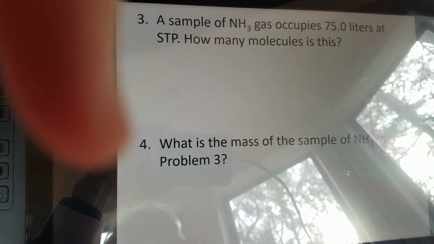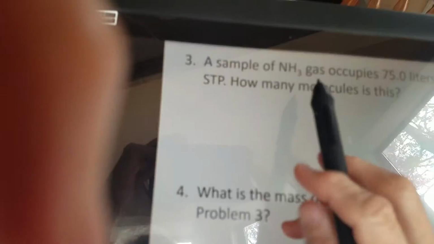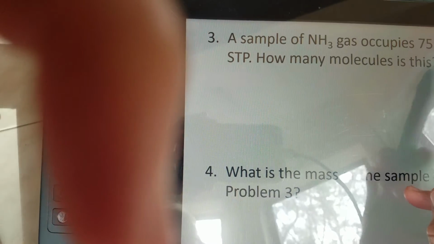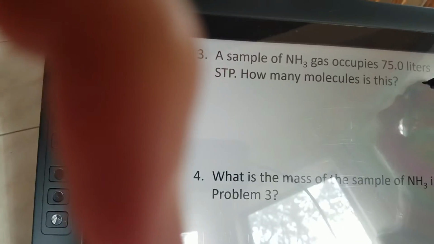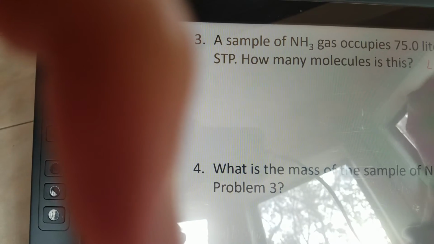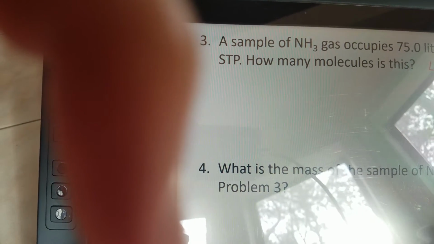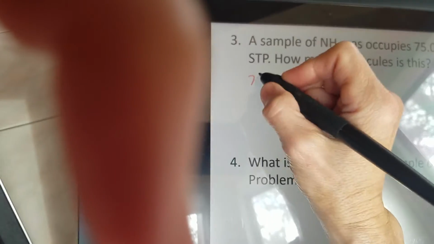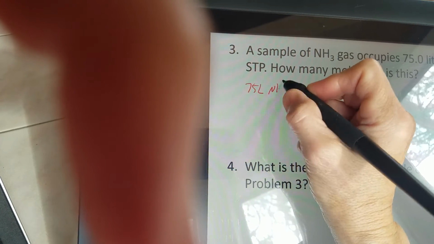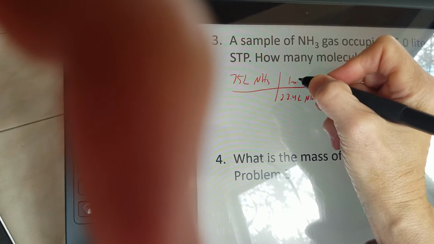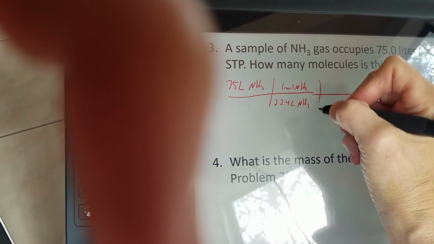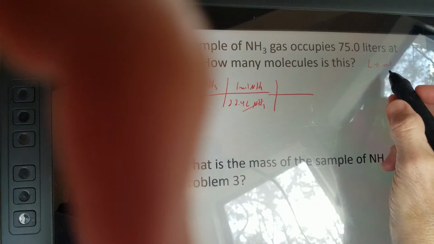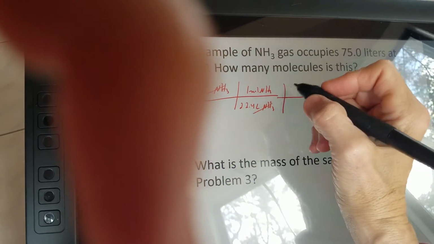So look at number 3. You have a sample of NH3, you have 75 liters. How many molecules? So this time you'll take your liters to moles, moles to molecules. So remember our conversion factor here is 22.4 liters is equal to a mole. So we'll start off with that one. The 22.4 needs to go on the bottom so that the liter units can cancel. And now you'll be in moles. And then from moles to molecules, if we're going to molecules, you want your molecules on top.